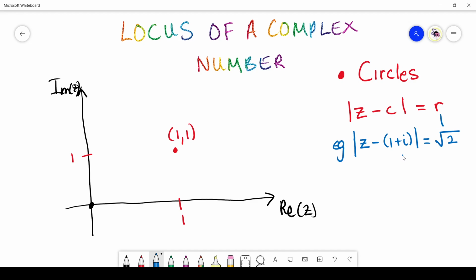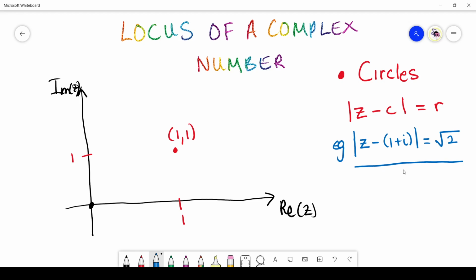I did not mean that you need to use the formula for the length of the line, which gives you r, to get this radius of square root of 2. They are not related. These values are given, and they do not come from within that modulus sign. Just letting you guys know that. So this is an actual question. This is what the question looks like, and they will tell you to draw that diagram.